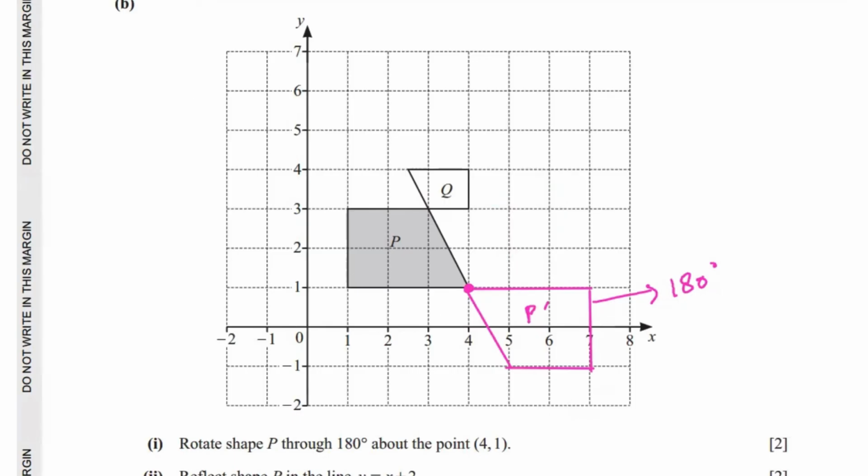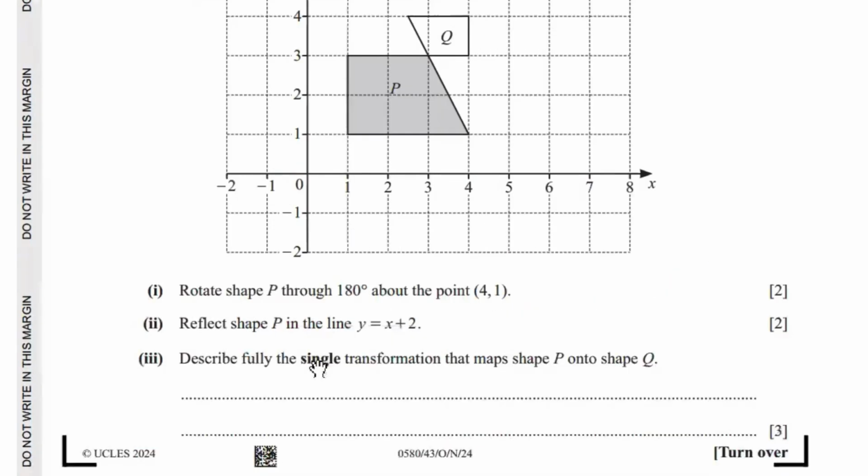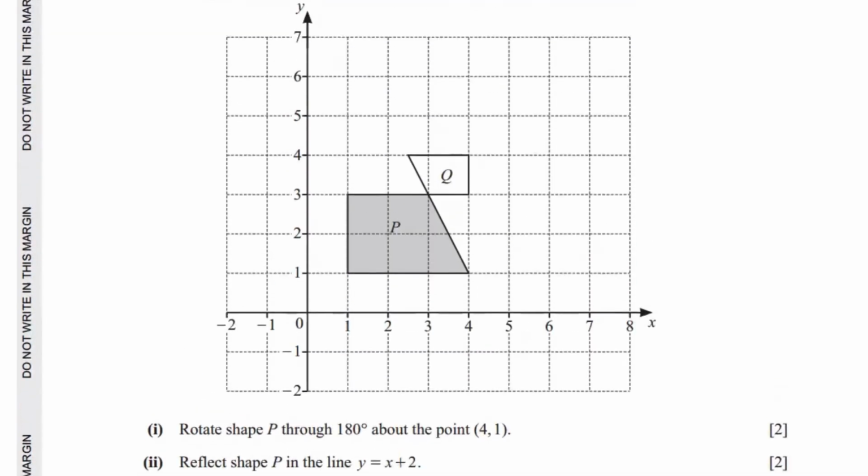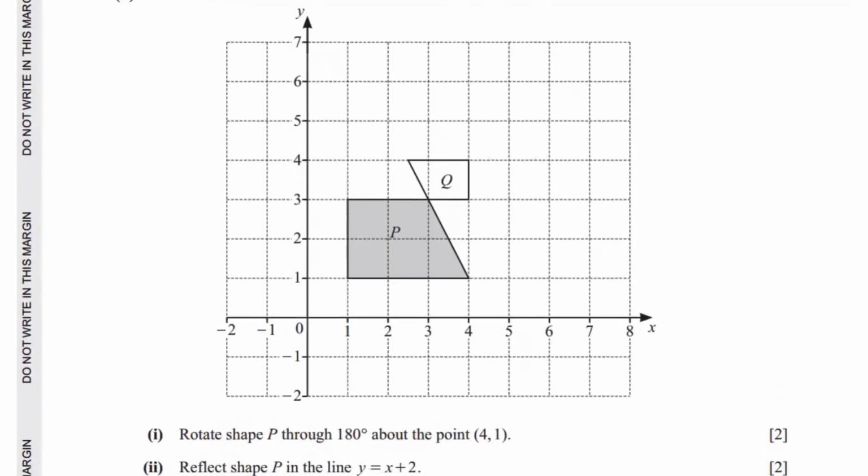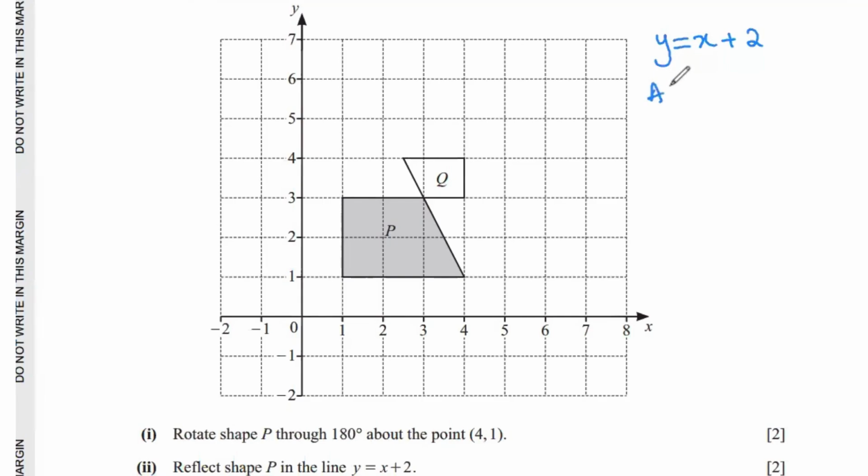That's the final answer. Then it says reflect shape P in the line y equals x plus 2. So for y equals x plus 2, let's first sketch the line. At x equals 0, y would be 2.